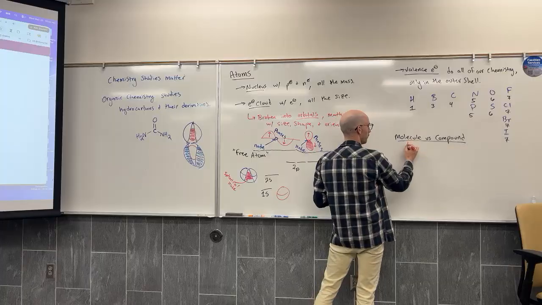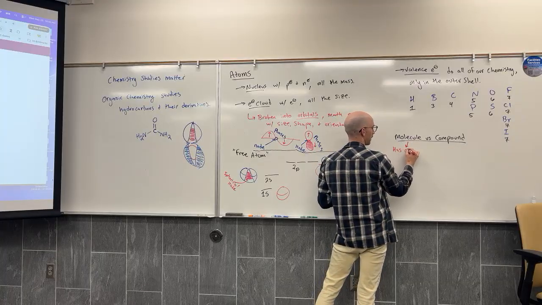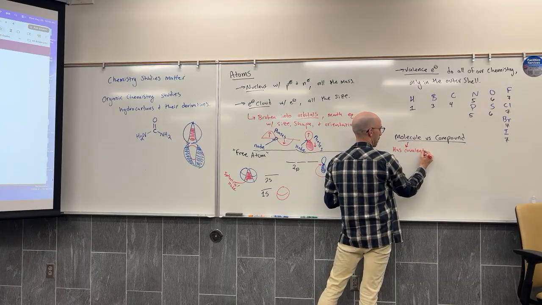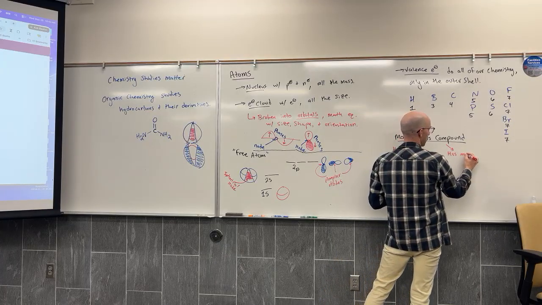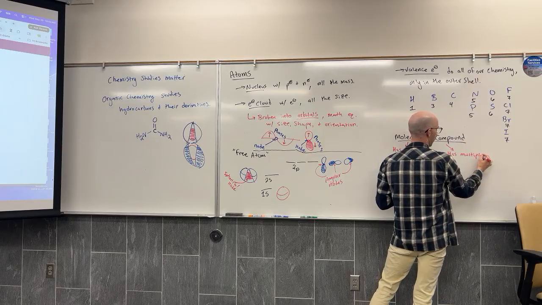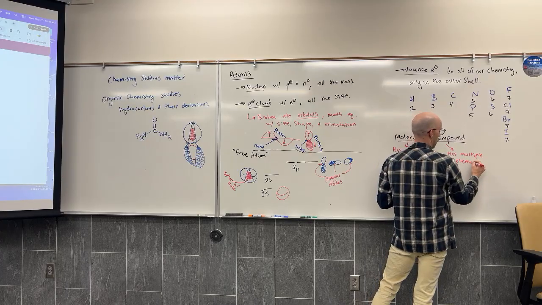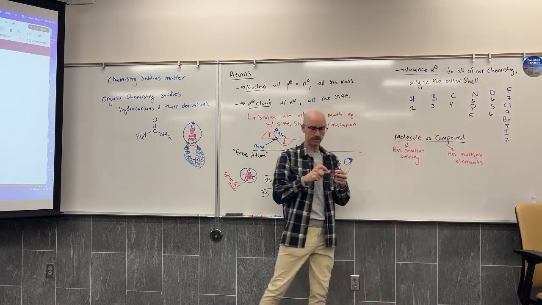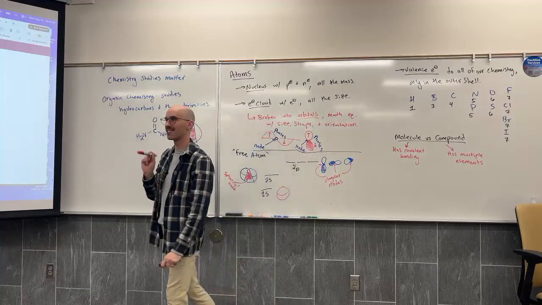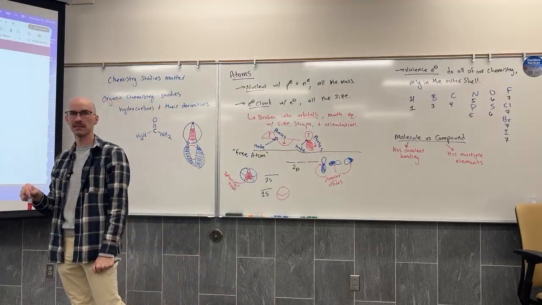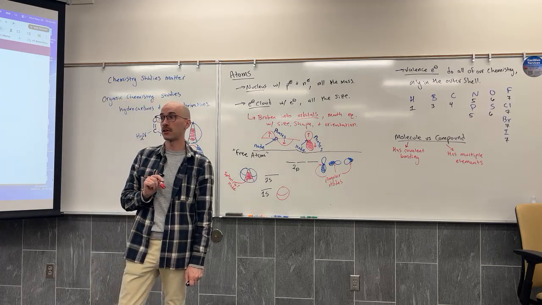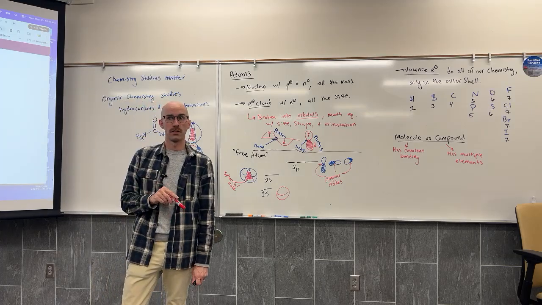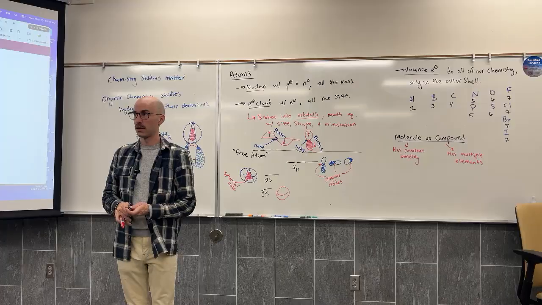So molecule has covalent bonding. Compound has multiple atoms or multiple elements. Notice how molecule doesn't need to have multiple elements, and compound doesn't need to have covalent bonding. But there can be an overlap.